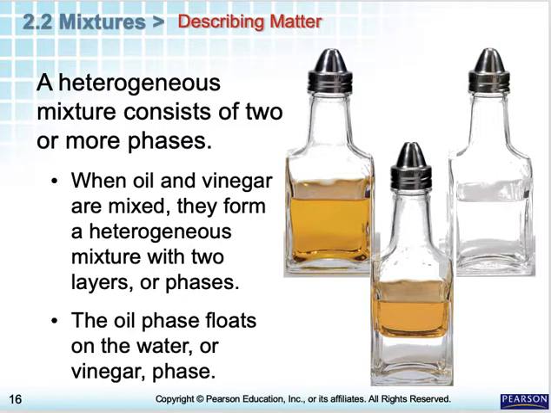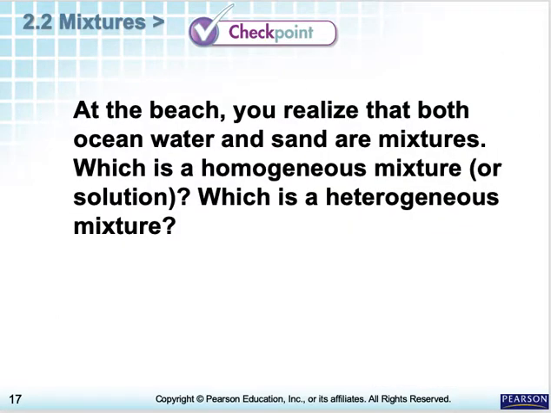Heterogeneous mixtures consist of two or more phases. While vinegar is a homogeneous mixture and oil is a homogeneous mixture, oil and water mixed together is a heterogeneous mixture because the oil will float on top of the water, creating two different phases, the oil layer and the liquid water phase.